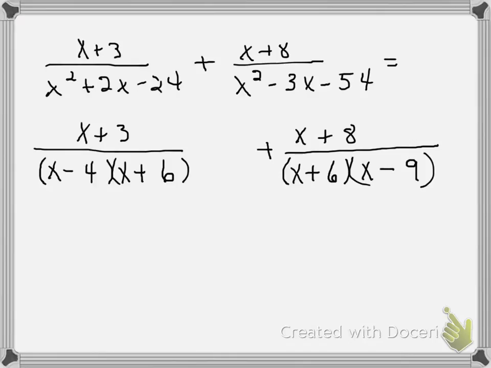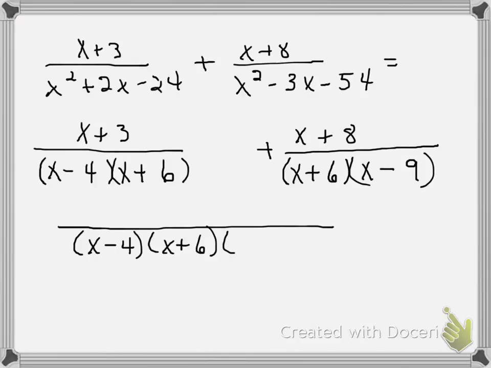Okay, the denominator is going to need a factor of x minus 4, a factor of x plus 6, and a factor of x minus 9. So my first rational expression needs to be multiplied by the missing factor of x minus 9.